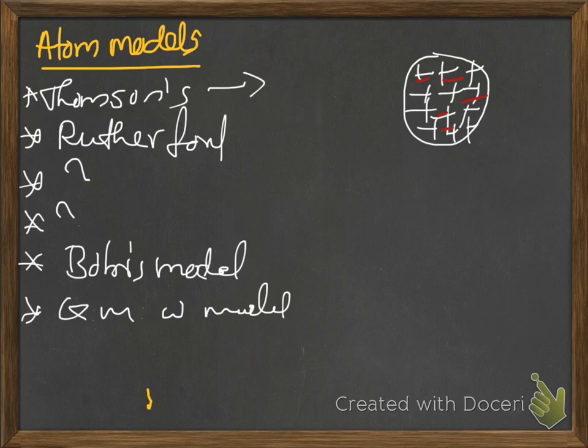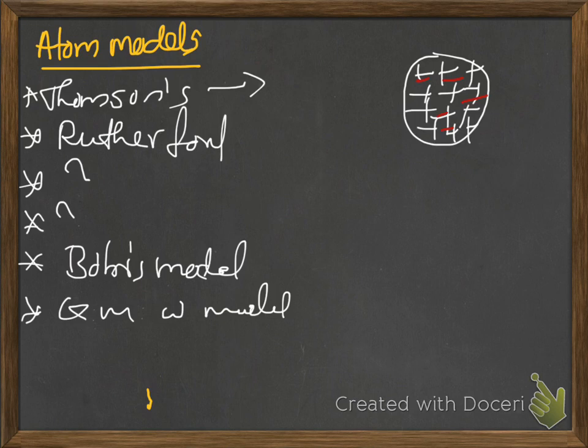That means total positive charge is neutralized by total negative charge, and hence atom is always neutral. By this neutrality, atoms are found to be stable.